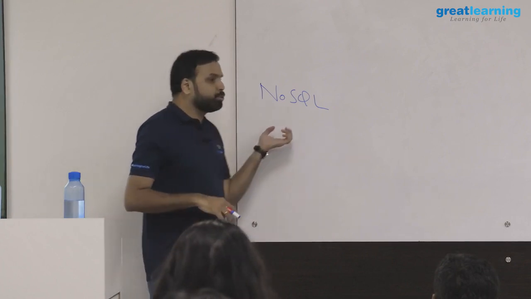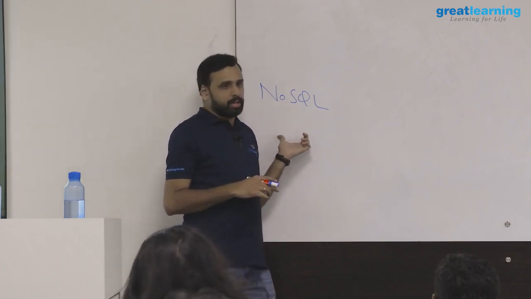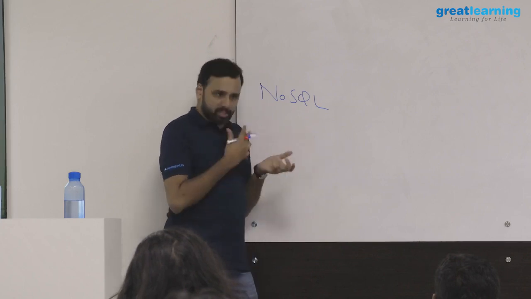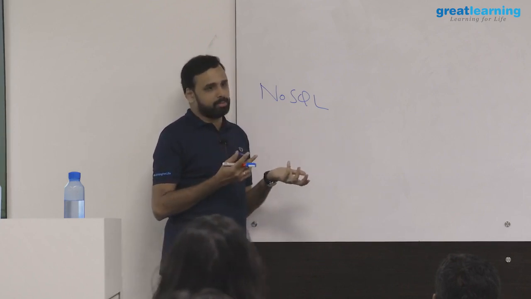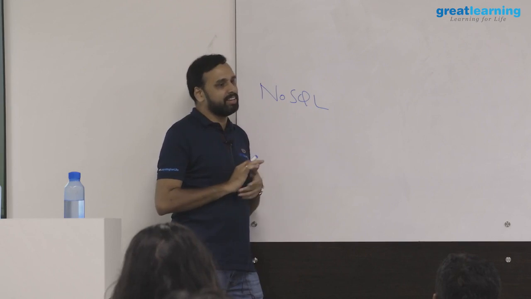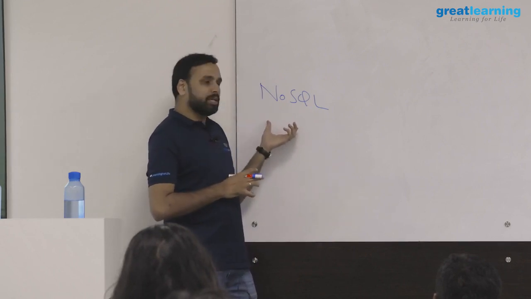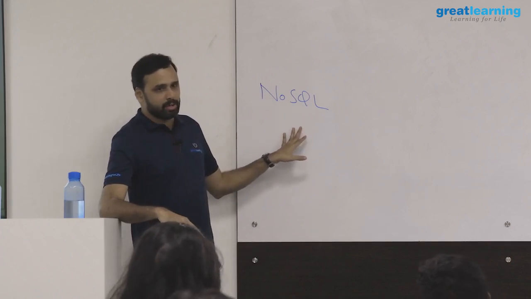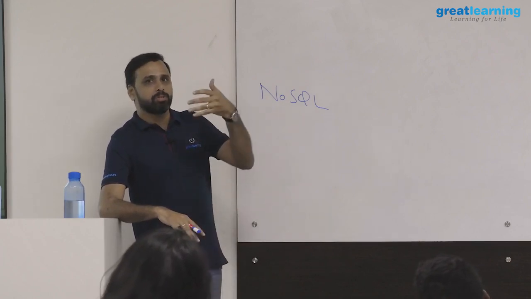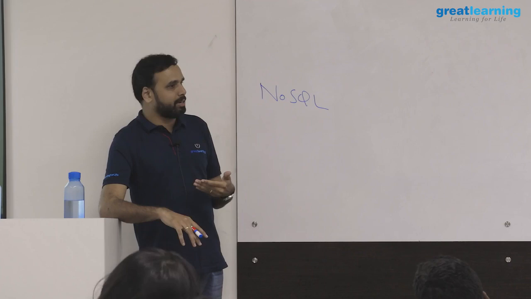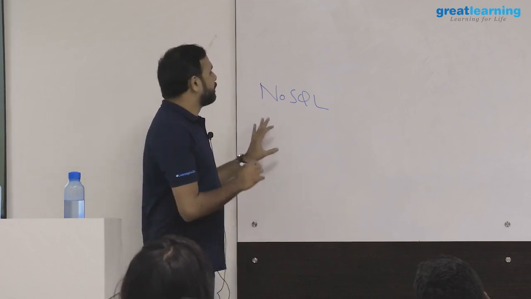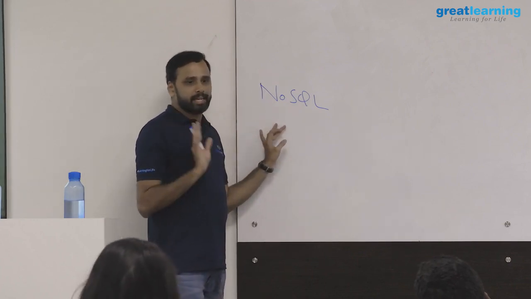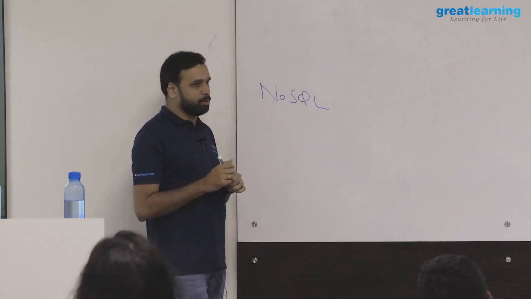Now this is a very huge topic, and I may not be doing justice by covering this in half an hour or something. There are too many things inside this. But just to give you some basic pointers, whenever somebody says NoSQL, there are 4 categories, and that is very important.